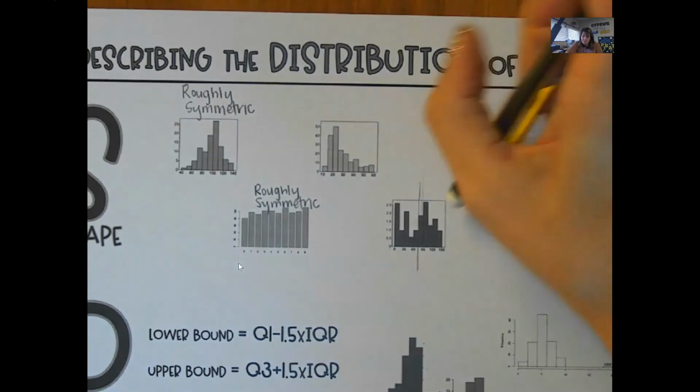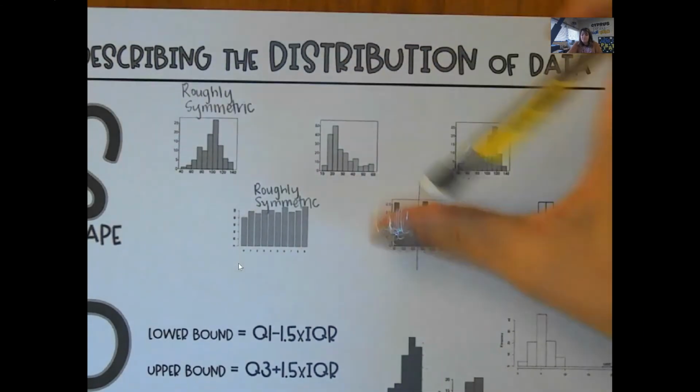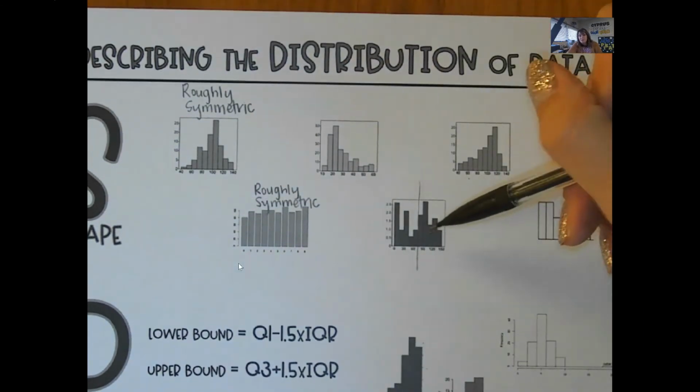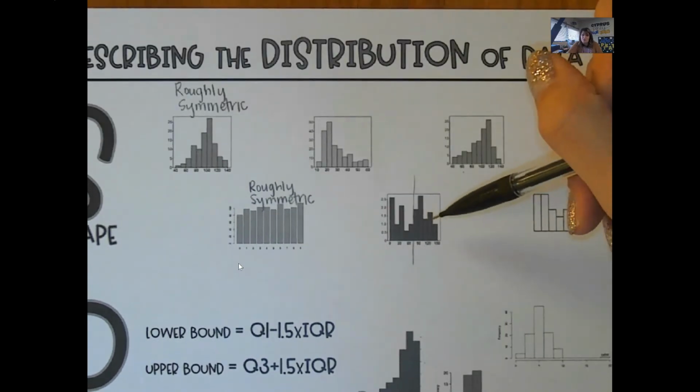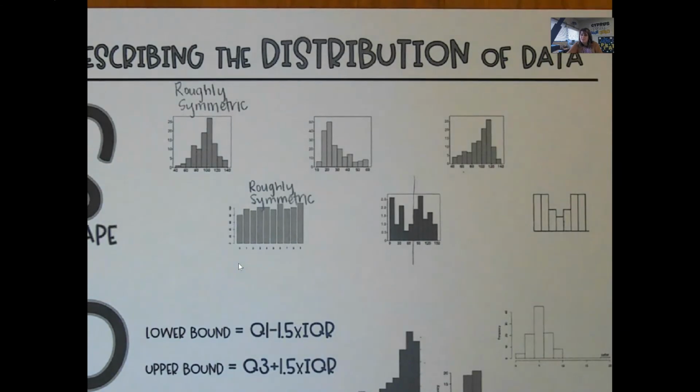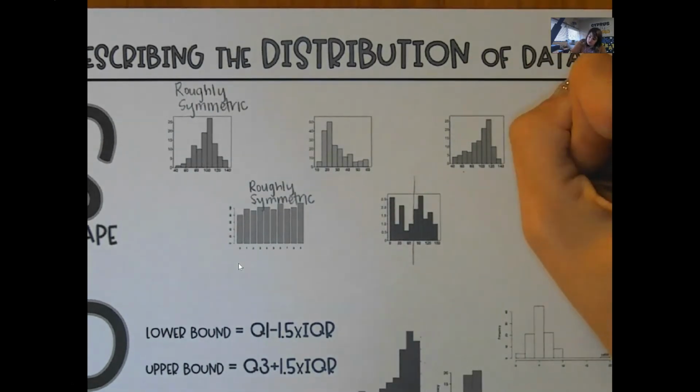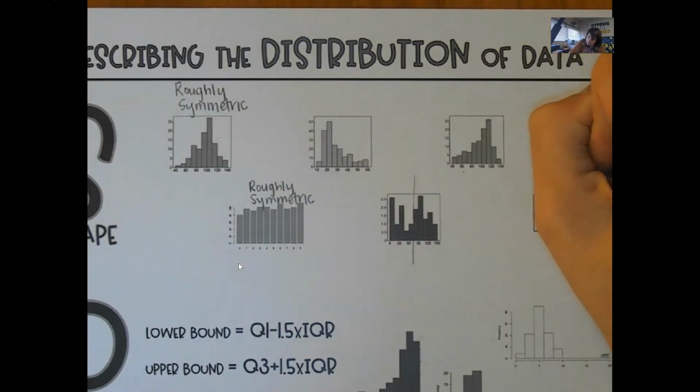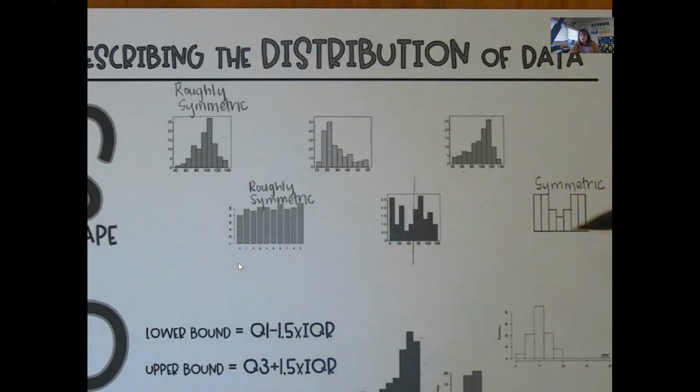And if we folded that in half, I don't think that these bars line up quite close enough to be called roughly symmetric. So this guy, he is not roughly symmetric. This last one here, he is symmetric. Not roughly symmetric, he is exactly symmetric. If we folded this graph in half down the center, those two sides of the data would match up directly.